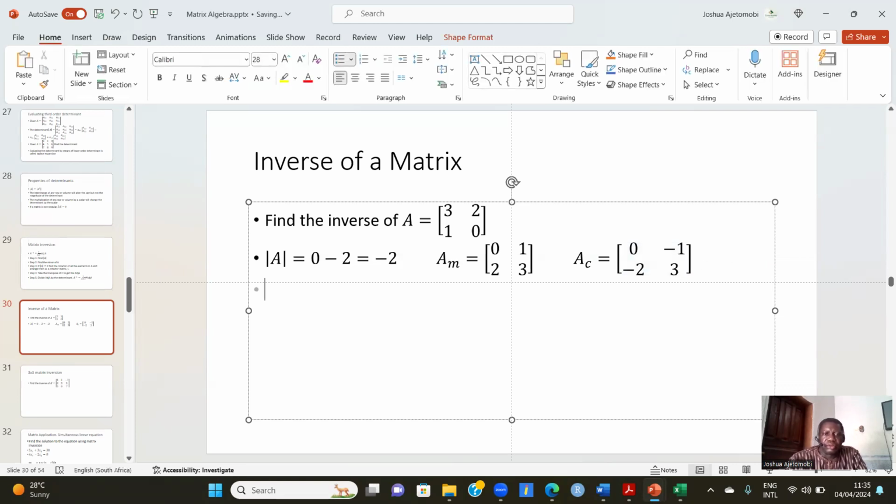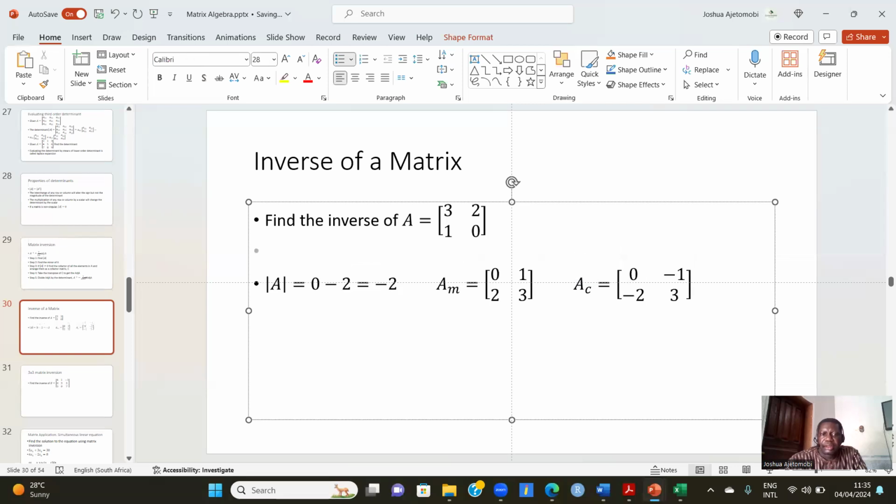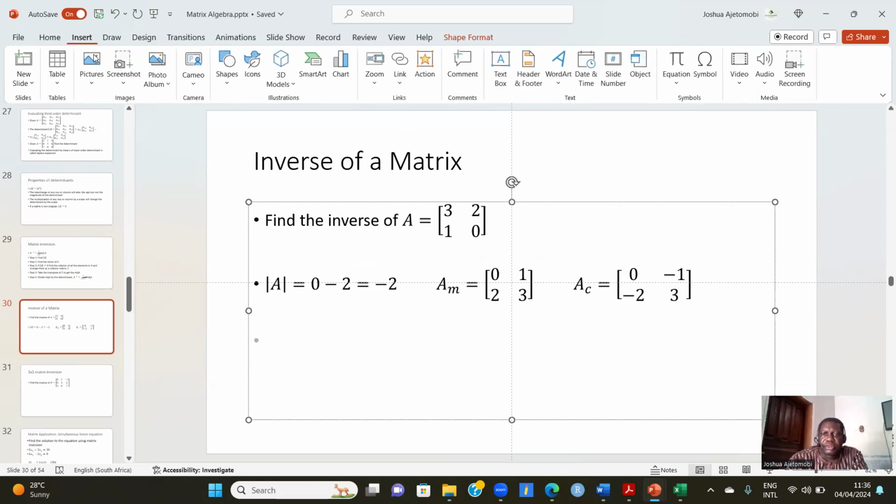And that takes us to the adjoint. Like I said, the adjoint is the transpose of the cofactor. So let's get the transpose.